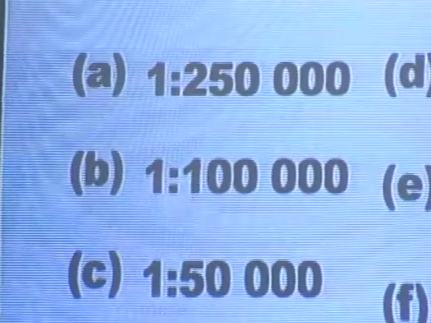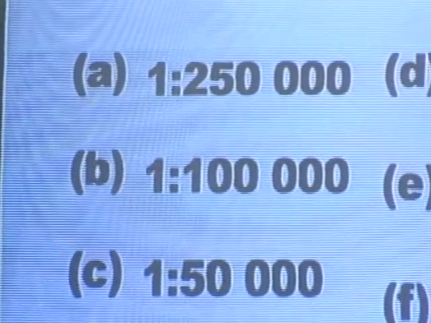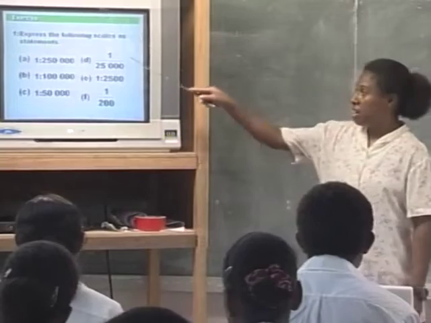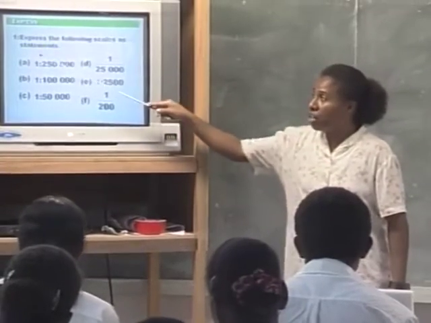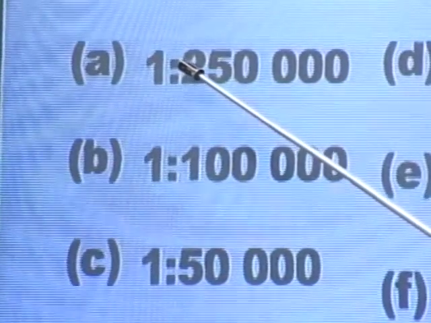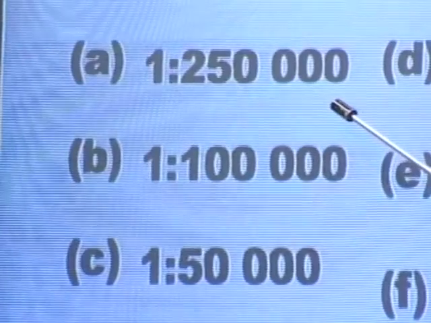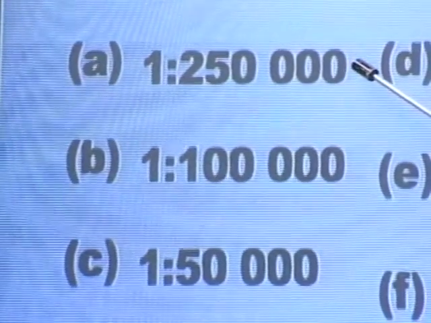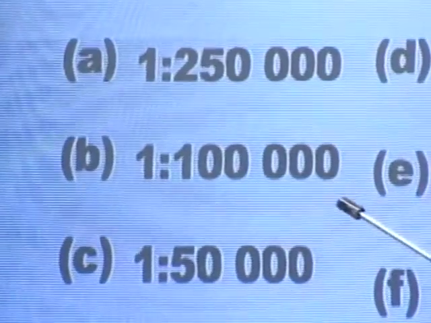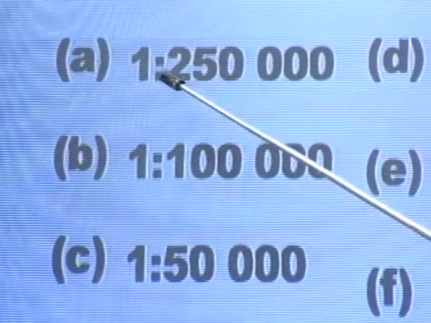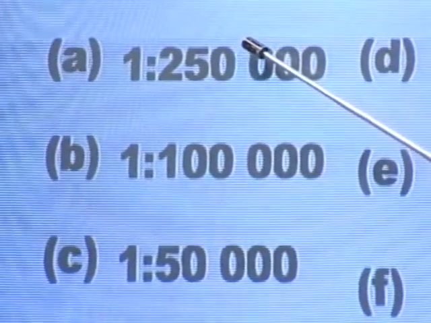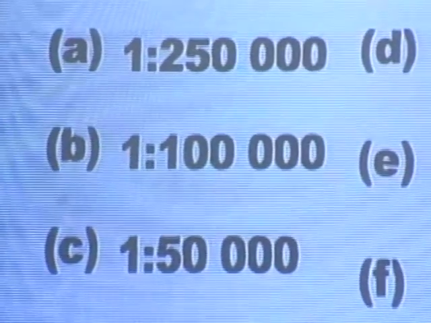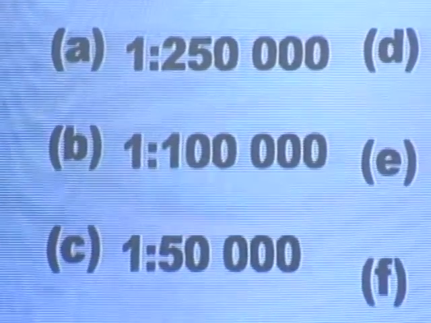1:250,000. No units used. Because our understanding of a ratio or representative fraction was, for every one of that unit, whatever unit we use on our map, it is equivalent to so many of that same unit on the ground. So last week, we said that if we had to give this as a statement, then our answer will be 1:250,000, no units used.